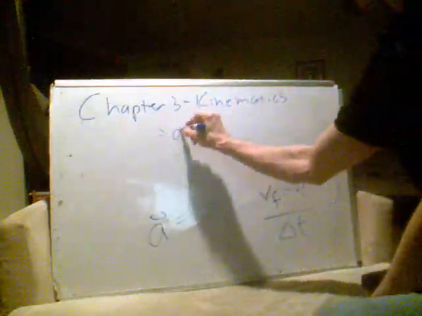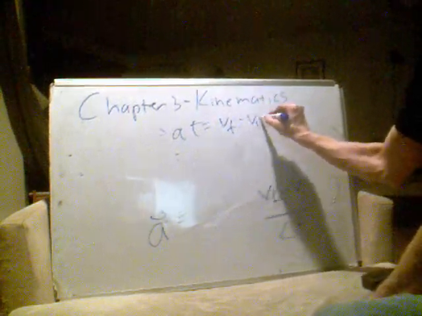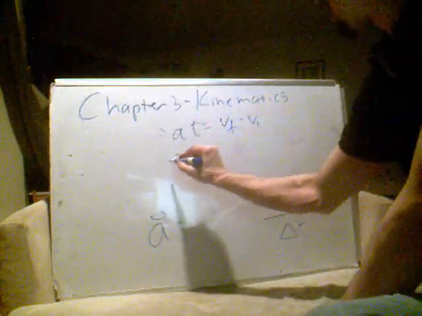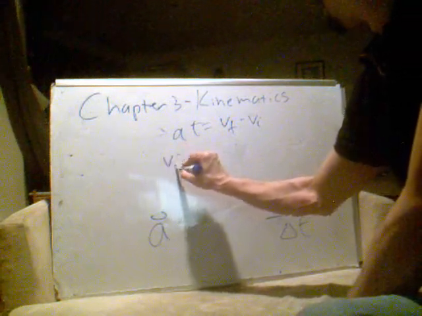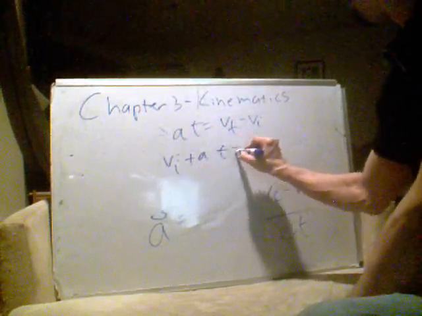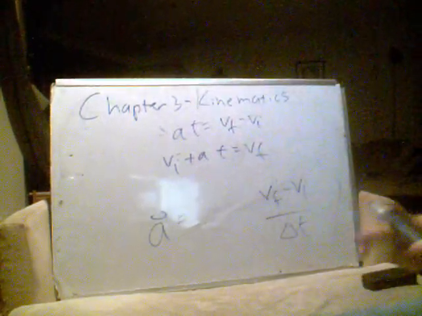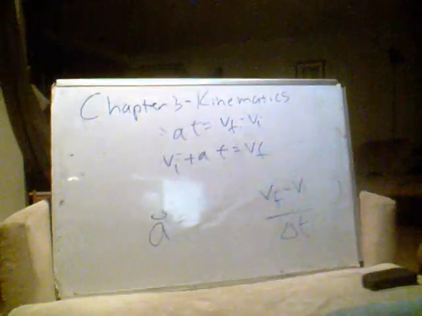So acceleration times time is equal to final velocity minus initial velocity. I'm going to add the initial velocity to the other side, so initial velocity plus acceleration times time is equal to final velocity, or final velocity is initial velocity plus acceleration times time.